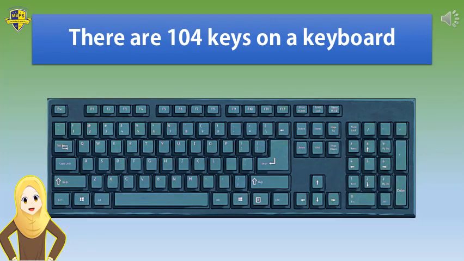Dear friends, there are 104 keys on a keyboard with some extra computing keys like the window key and function keys. The number of keys depends on the model of the keyboard as well.